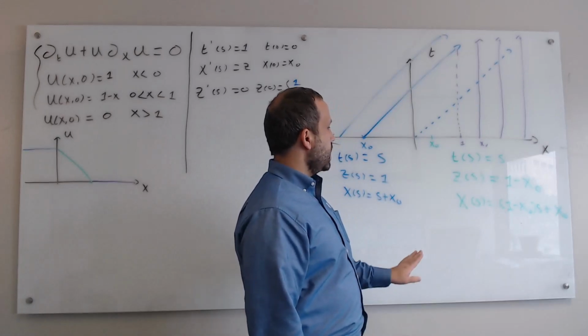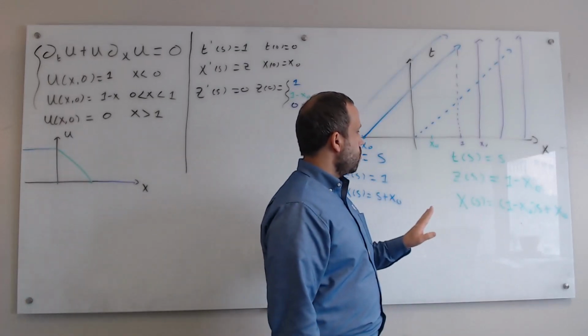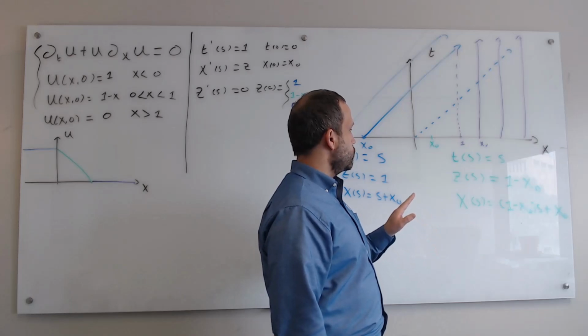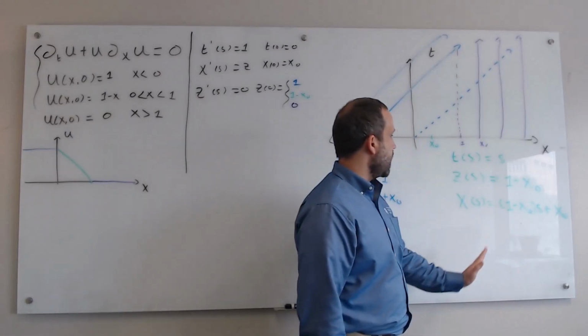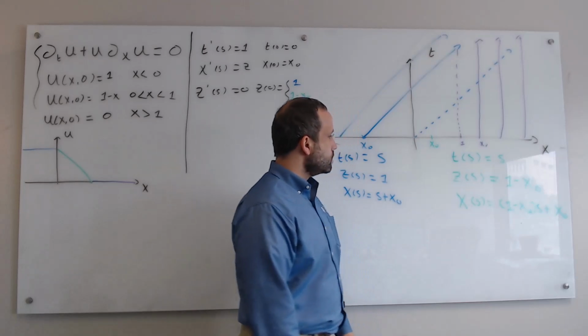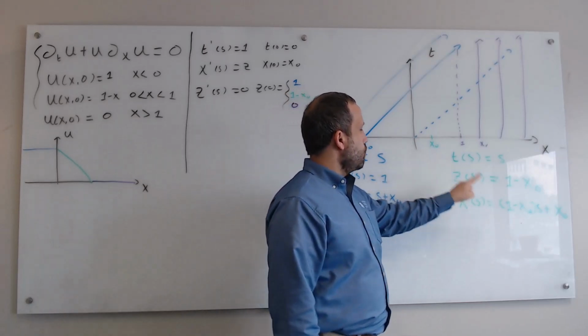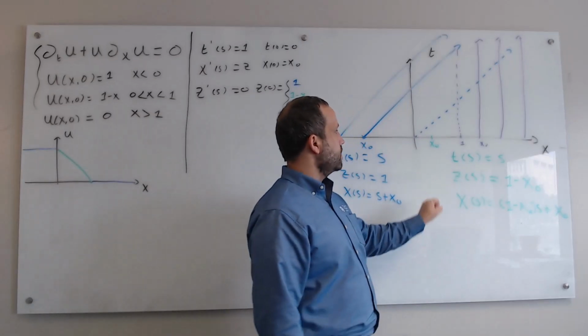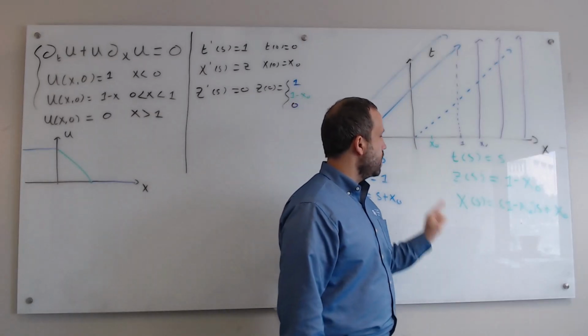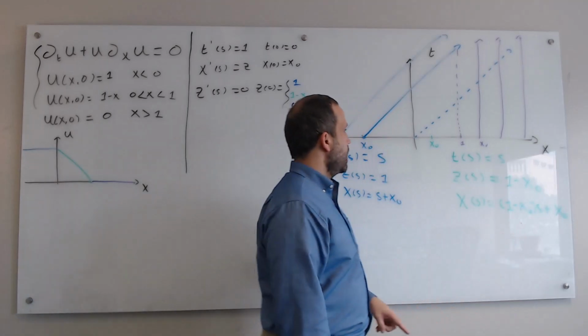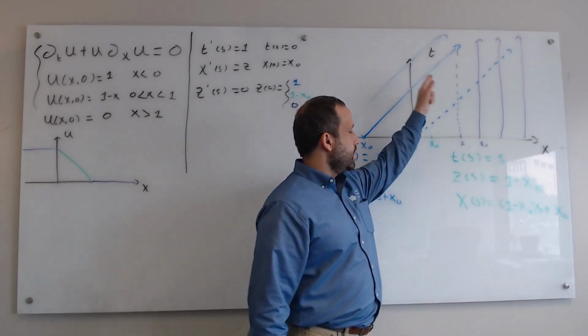And in the limiting case where X naught is equal to 1, we get a vertical line. Okay, but in any case, the slope of these lines, T prime over X prime, is 1 over 1 minus X naught. And so 1 here, infinity here.